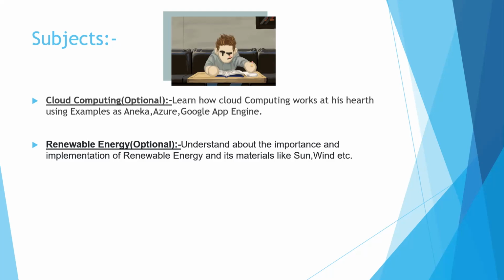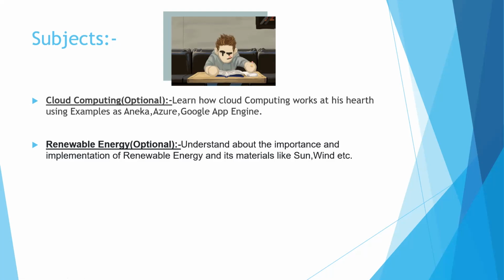Infrastructure means if you only want the hardware, like the CPU or memory, that is Infrastructure as a Service. Platform as a Service means they provide you a runtime environment where you go and execute your applications. We will also learn about things like Aneka, Microsoft Azure, and Google App Engine.